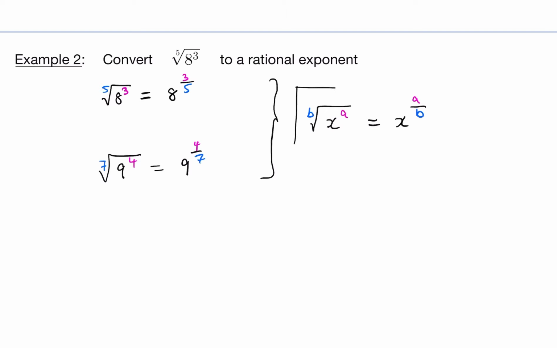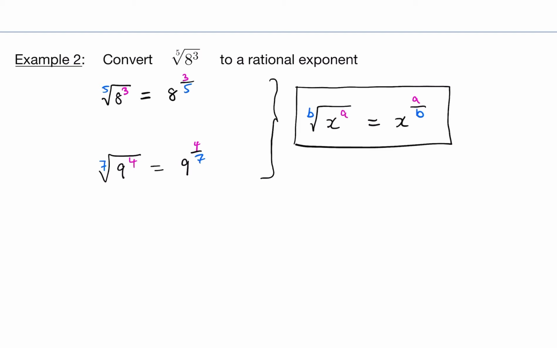So if you need a formula, you can take this. And this formula works both ways, meaning you can take a radical number and convert it to a rational exponent. This is an exponent that has a rational number, which is why this is called a rational exponent. Or you could take the rational exponent and go backwards and convert it into a radical number.